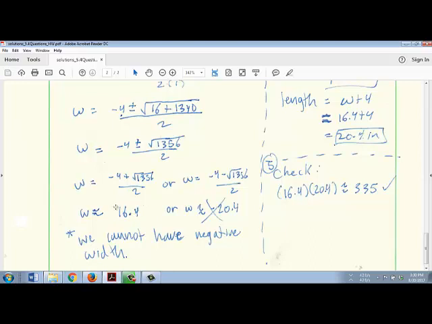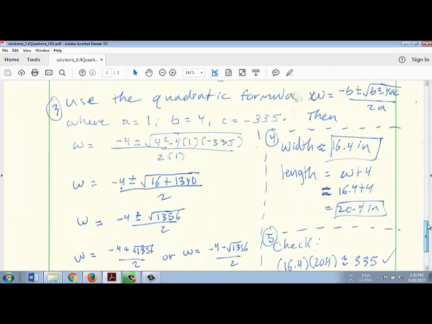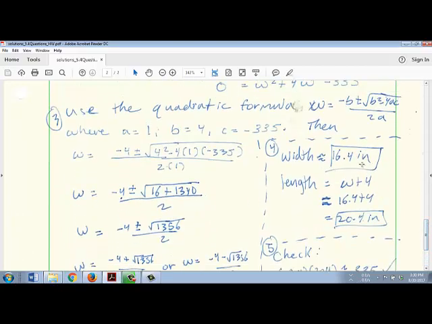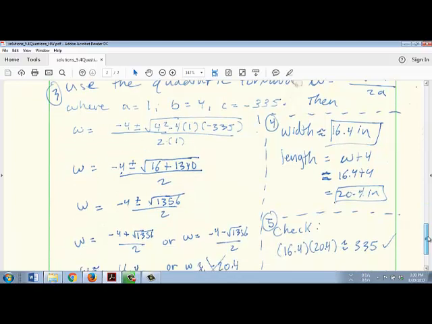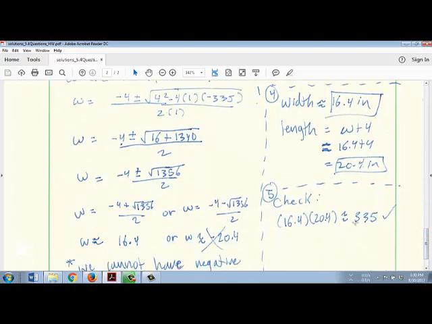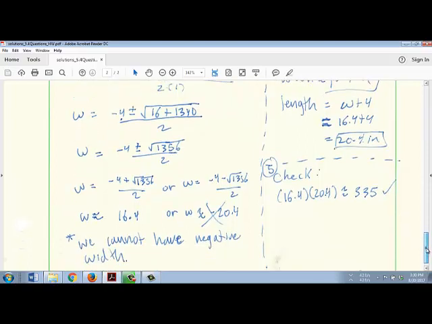So we are going to use 16.4 for our W, which remember was the width. So the width would be 16.4 inches. And because the length is 4 inches longer than the width, we just have to add 4 to 16.4 to find that the length is 20.4 inches. Hence, we have our dimensions, and we can check them by multiplying and showing that they do indeed equal 335, which was the original area of the rectangle.